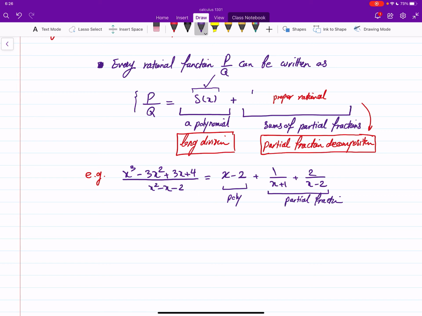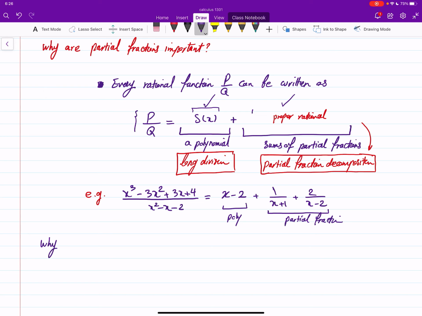If I know how to integrate partial fractions, then each piece I can integrate and add them. That would be the integral of the rational function on the left hand side. So I can use partial fraction decomposition to integrate any given rational function. So that's the key point for us.